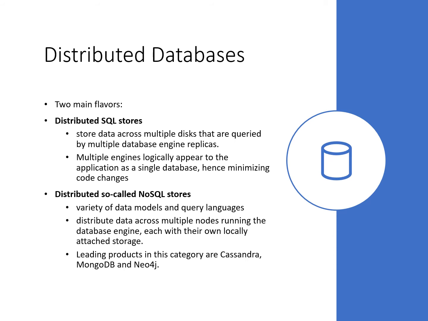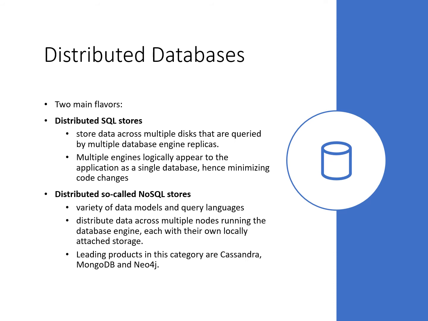The other approach is the so-called NoSQL data stores from a whole array of vendors, many of which you've probably never heard of. These products use a variety of data models and query languages to distribute data across multiple nodes running the database engine, each with their own locally attached storage.